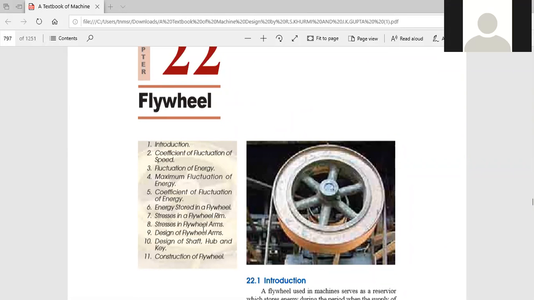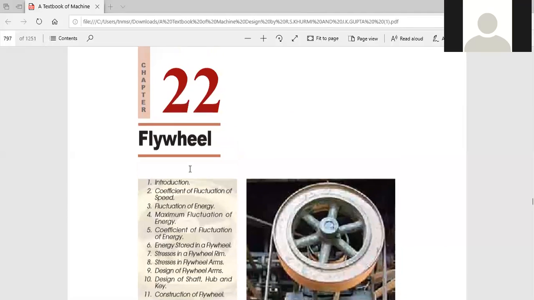So far, we have completed rolling contact bearings as well as sliding contact bearings. Now, two more topics are left: one is flywheel and another one is pressure vessels, that is thin cylinders and thick cylinders. These two topics we can cover very fast. Why?